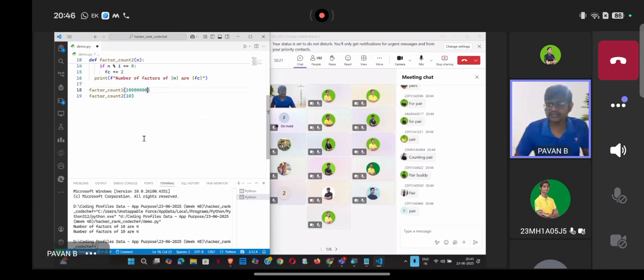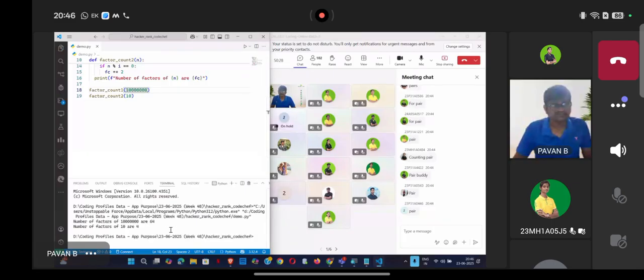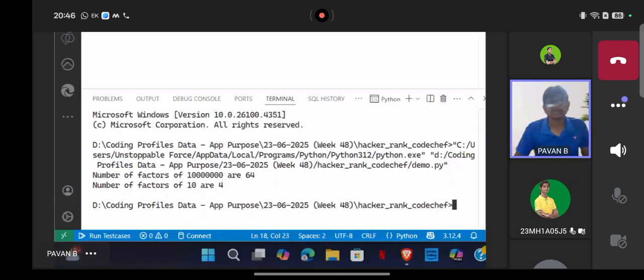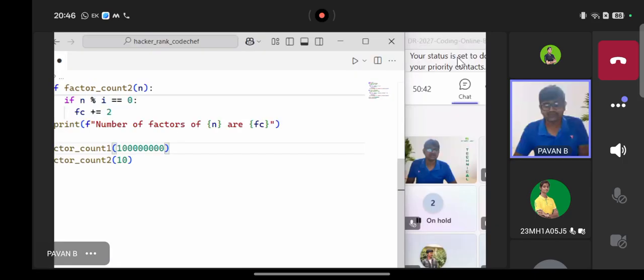So when I try to execute this, guys, just observe what is happening in the console, in the terminal. See what it is giving. Number of factors for 10 power 7 is 64, but it took some time to get that answer, right? So if you increase by 1 more 0, see how much time it will take.